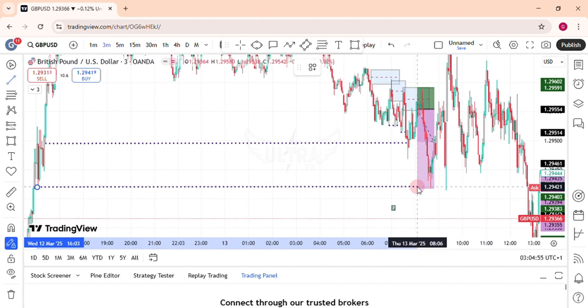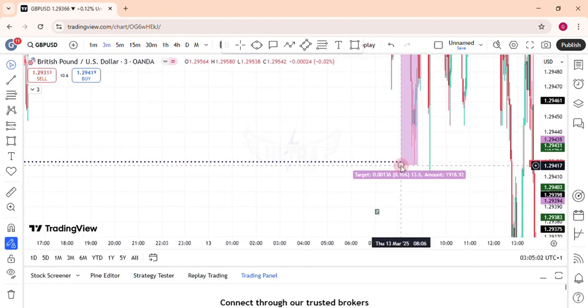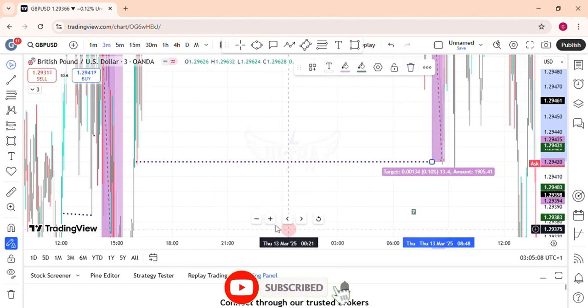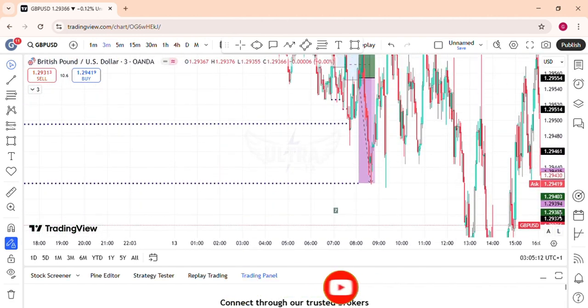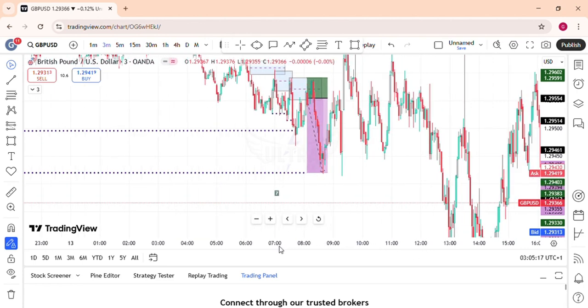When you take profits here, you can see how price just took that previous low, and we have our number 7 trade.